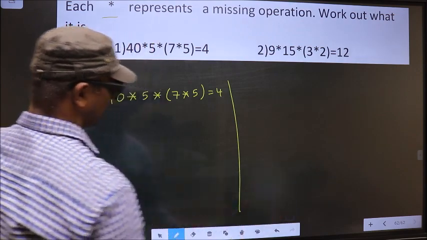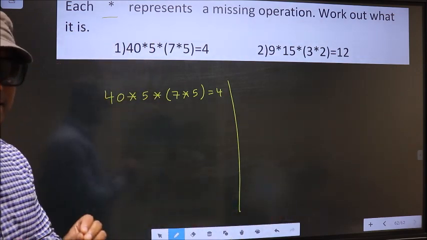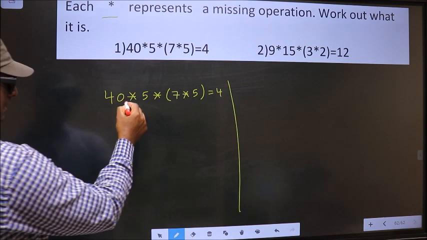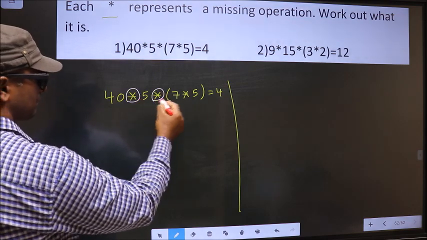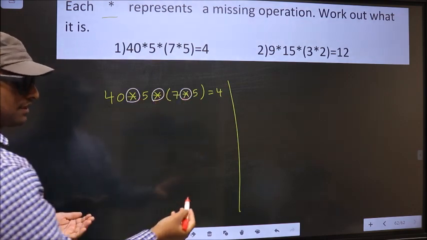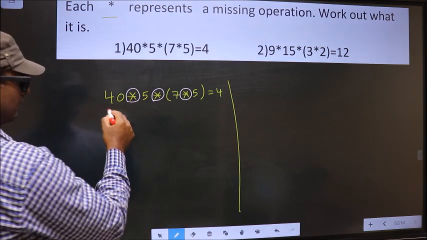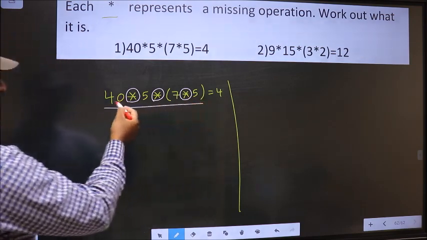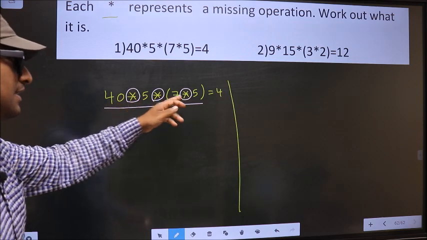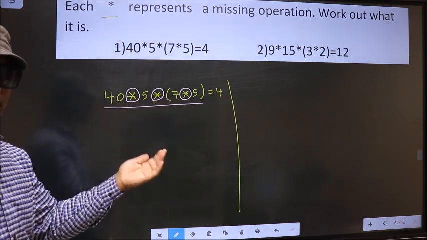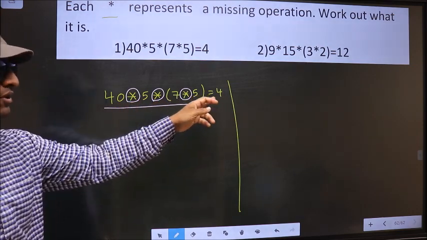Now, here they are asking us to replace these symbols with an operation such that when we calculate this expression, after replacing these symbols, we should get the result to be 4.